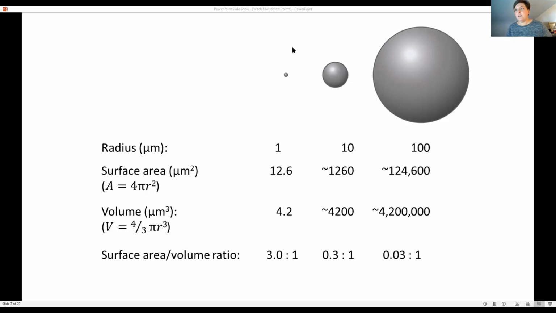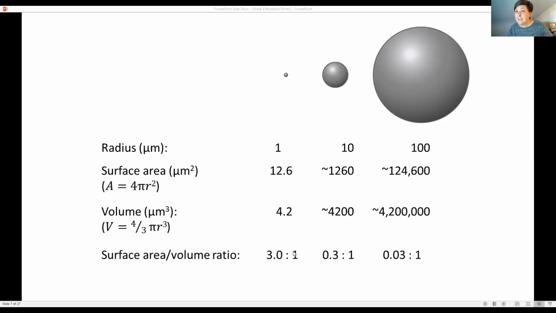If you look down here, this is just comparing potential cell sizes. You see really tiny, small, and quite large. When cells are really tiny, they have a really good surface area to volume ratio. For example, here the ratio is 3:1.